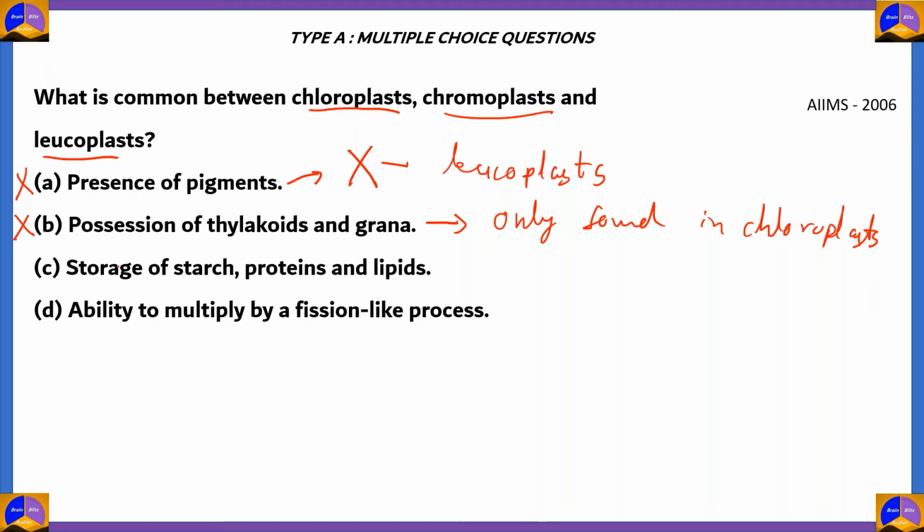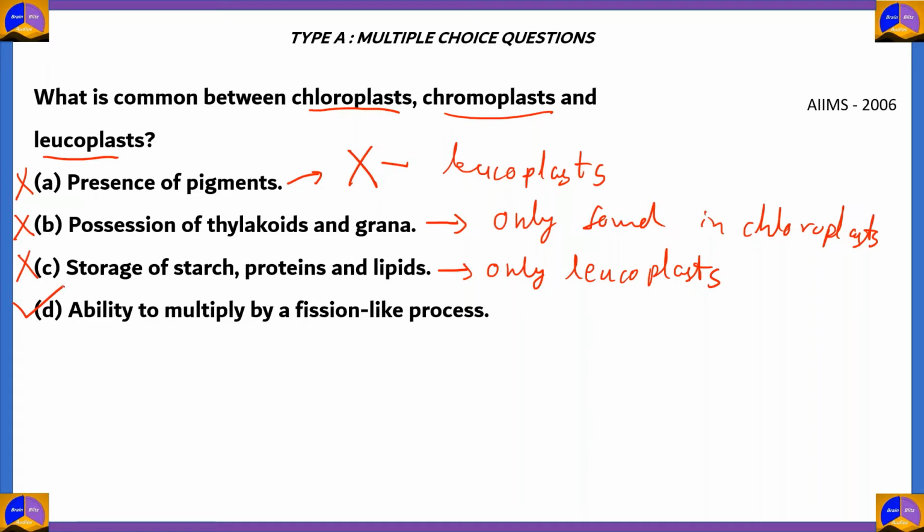What about option C, storage of starch, proteins, and lipids? This is only leucoplasts. Leucoplasts are the only types of plastids that store starch, proteins, and lipids. Depending on what they store, they're divided into amyloplasts, elaioplasts, aleuroplasts, etc. So option C is also incorrect.